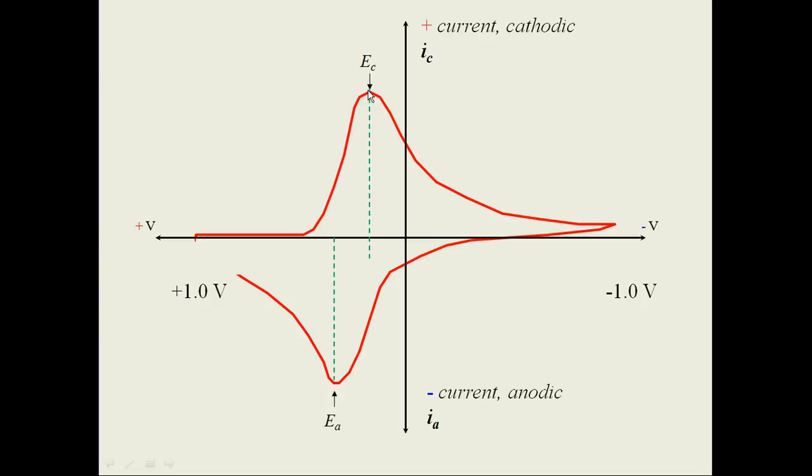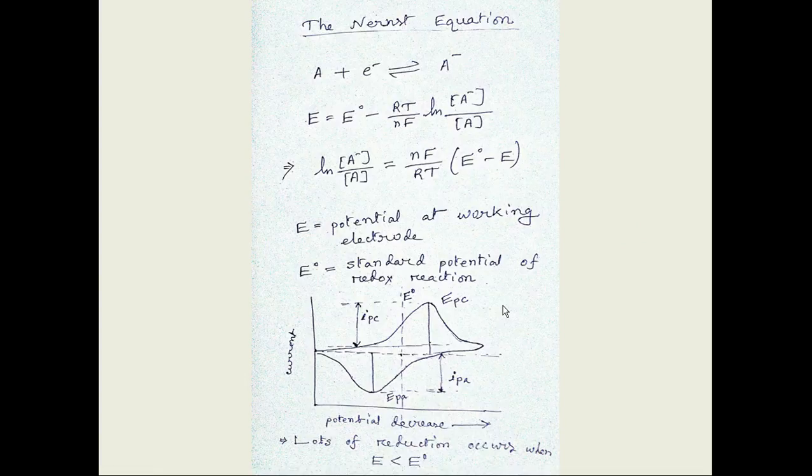Here the Nernst equation is useful for analyzing EPC and EPA. EPC is the potential at its maxima for reduction.